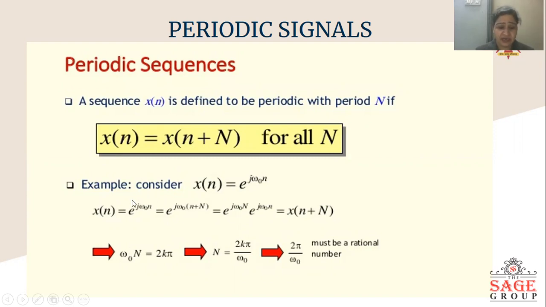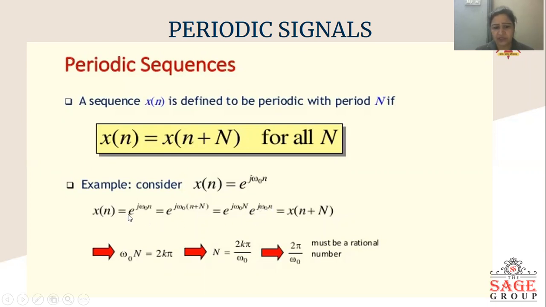If a complex exponential sequence is periodic, it must satisfy the expression e to the power j omega naught (n + N), because here x[n] should be equal to x[n + N]. So I have taken n + N in place of n. If I separate these two exponentials, we get e^(j omega naught n) times e^(j omega naught N).